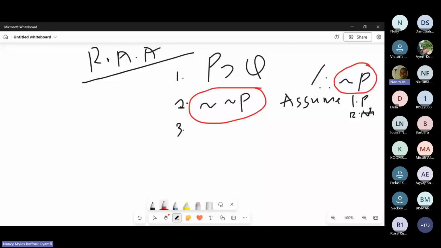Maybe we're told to use only rules of inference or only rules of replacement, or apply only modus ponens and modus tollens to this question I give you. Those can be there. But as you do that, what should be the next thing to look out for? Work along the line to create a contradiction. A contradiction is some formula and its own negation.